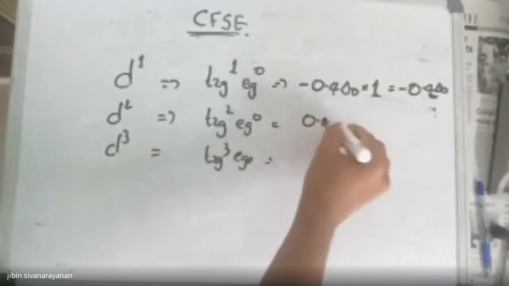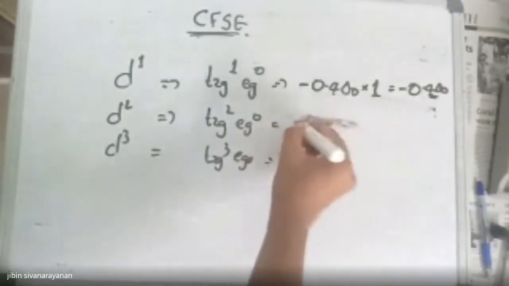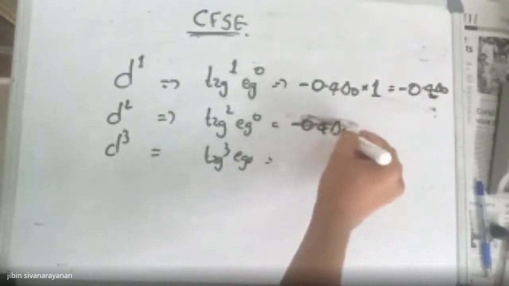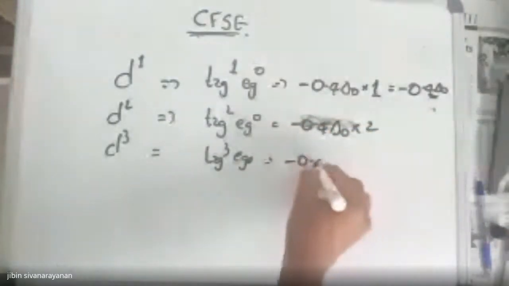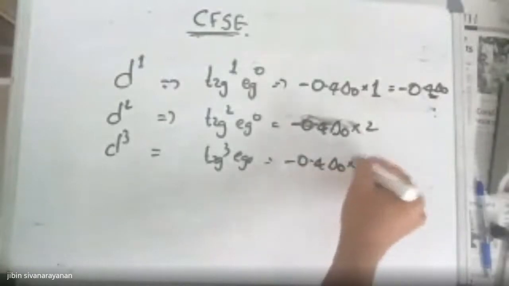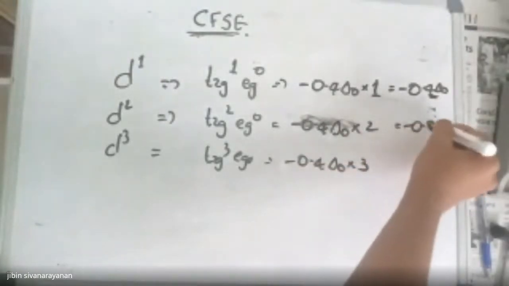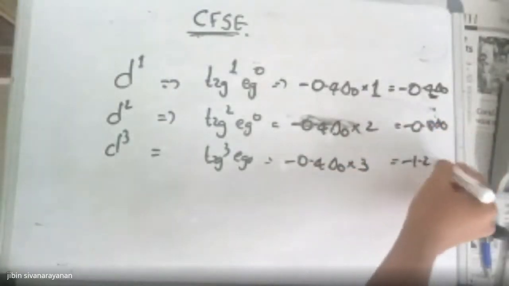Simply minus 0.4 delta O into 2, minus 0.4 delta O into 3, that is minus 0.8 delta O and minus 1.2 delta O.